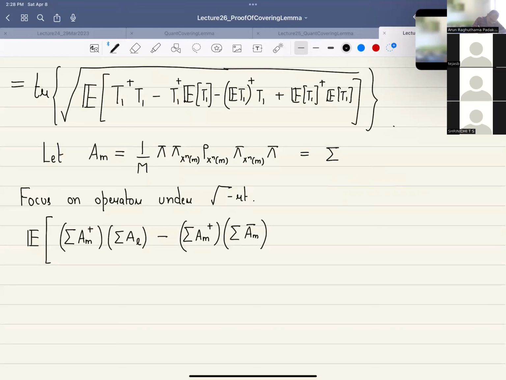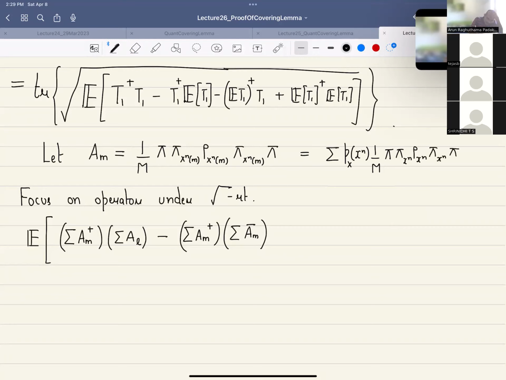So let me say, can I say P of, so this is really what it is, P_xn of xn, 1 by M pi xn, rho xn, pi xn, pi. This is what it is, right?